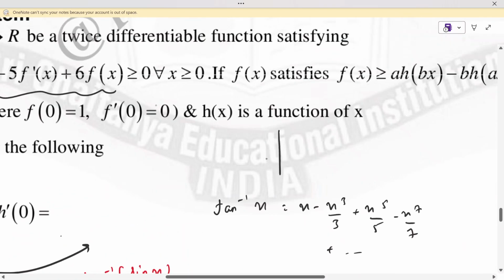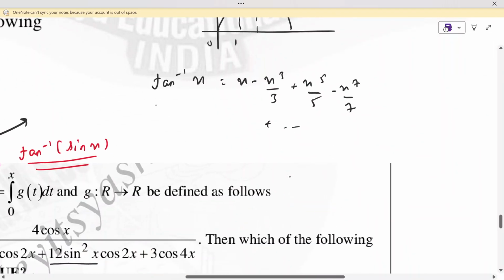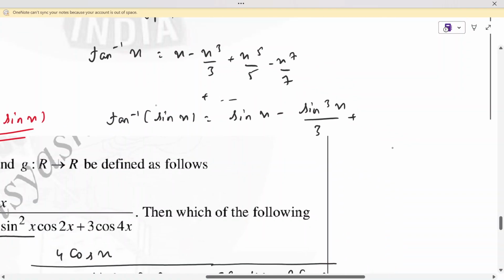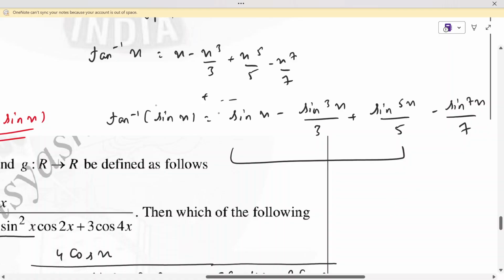So I will write tan inverse x will be equal to sin x minus sin x to the power 5 over 5. Can you observe? If I drop there, after subtracting some term, I'm getting equal to this thing.